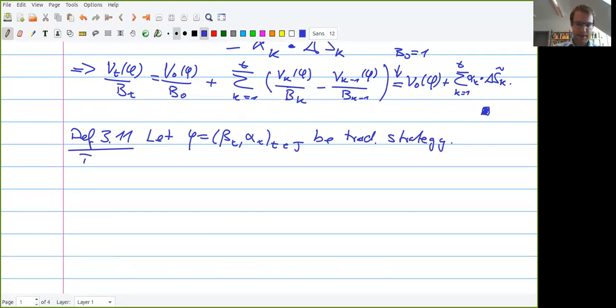And let us introduce now the discounted value process associated to this trading strategy, of course, which we denote by V tilde.